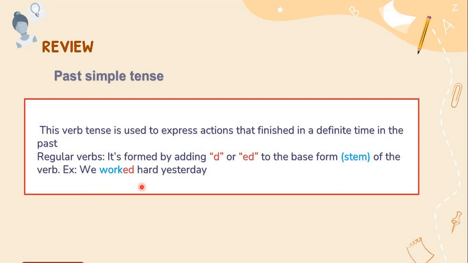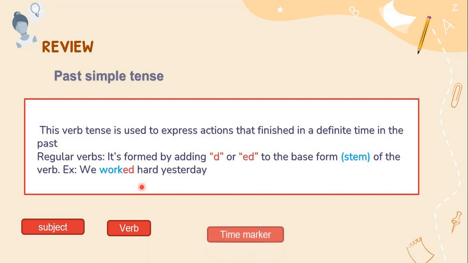At the beginning we have the subject, then after the verb and the time marker. The subject in this sentence is the personal pronoun we.